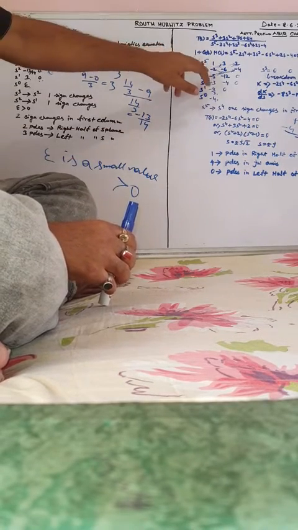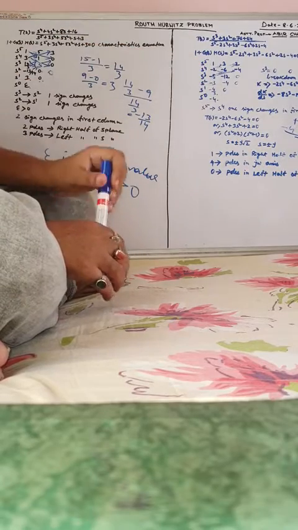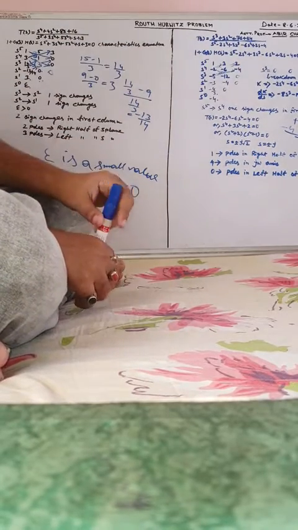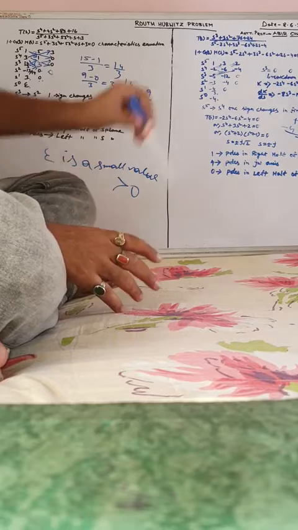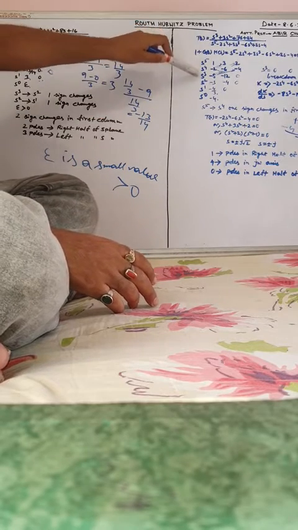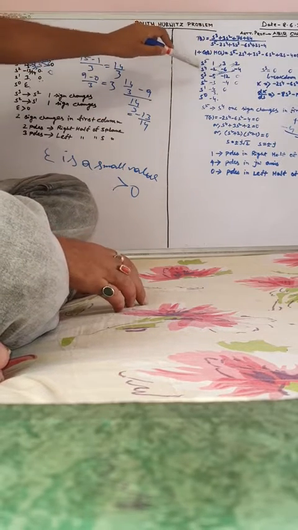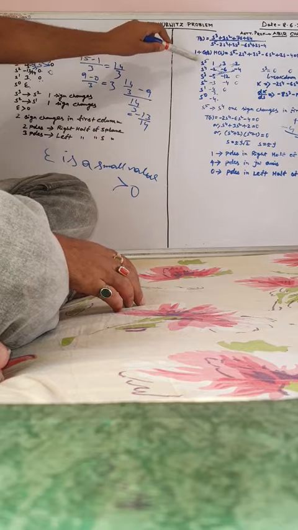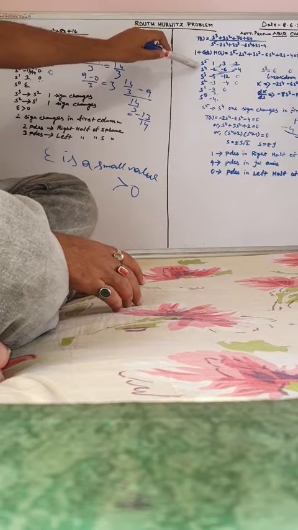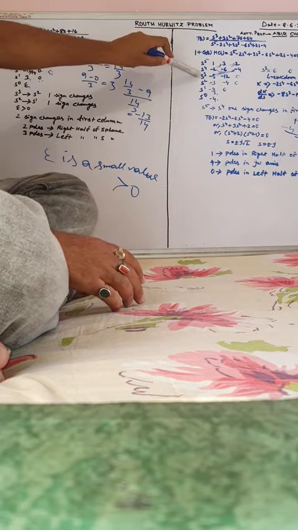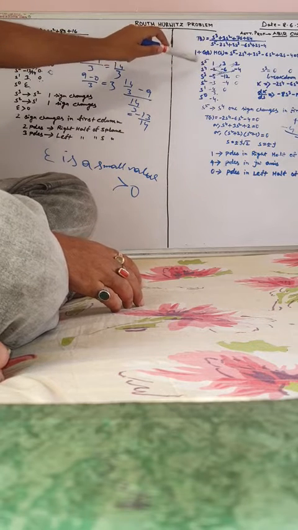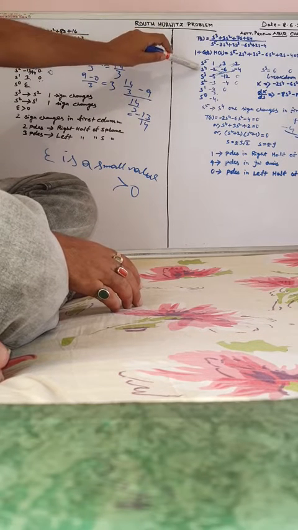Here a breakdown happens. If a breakdown happens, you have to take the first order derivative of its previous row.